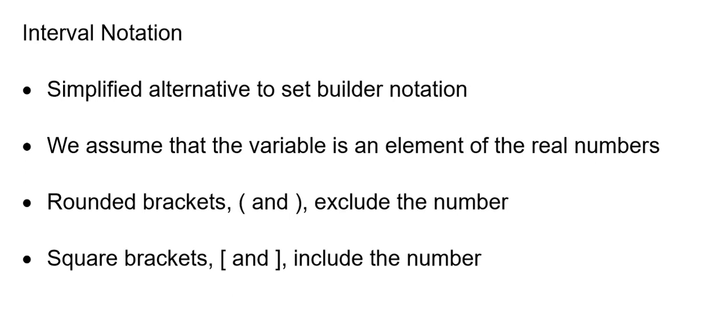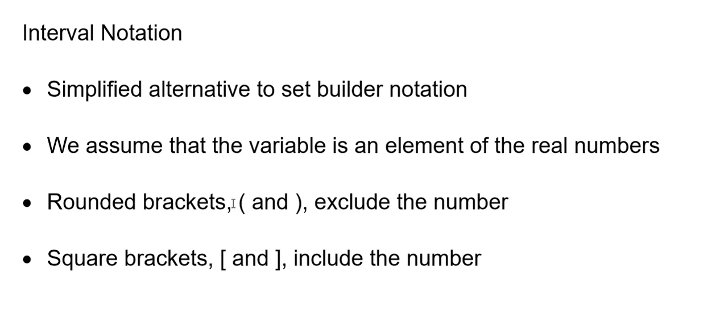In interval notation, we're going to assume that the variable, usually x or y, is an element of the real numbers. So before in set builder, if you recall, we had to identify what set the variable belonged to, right? We said x is an element of the real numbers, or x is an element of the integers. Here we make the assumption that it is going to be the real numbers. And we use rounded brackets, not set brackets.